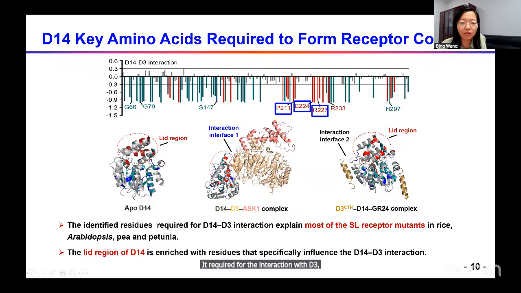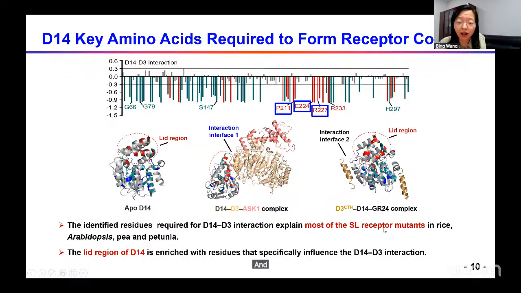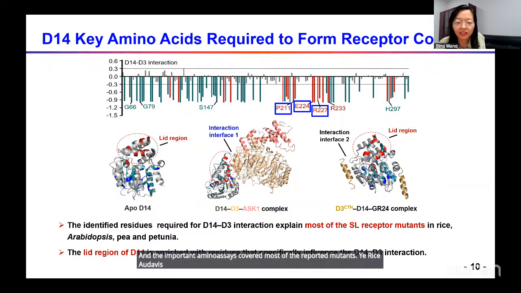Interestingly, these amino acids are localized in the lid region, and this region undergoes the conformational change, and also many important residues are in the interaction face of the D14, D3, ASK1 complex. And the important amino acids covered most of the reported mutants in rice, Arabidopsis, pea, petunia. That is to say, this screen is very useful.